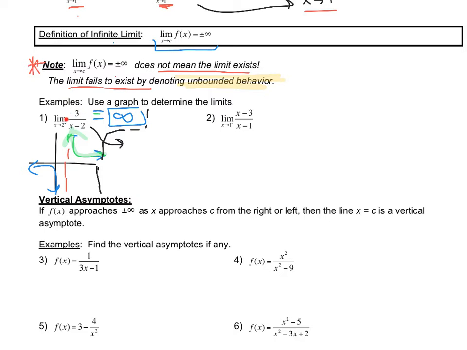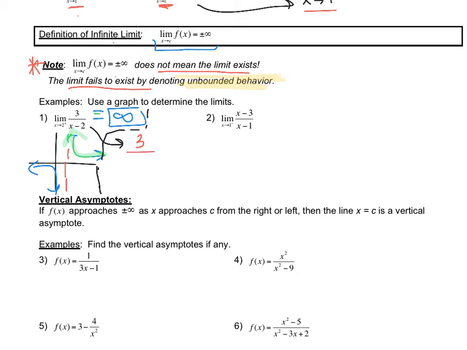So I'm just talking about the limit of the numerator. 3 is just a horizontal line, and the limit of 3 as x approaches anything is always going to be 3.